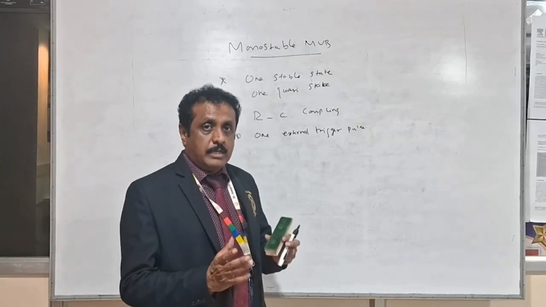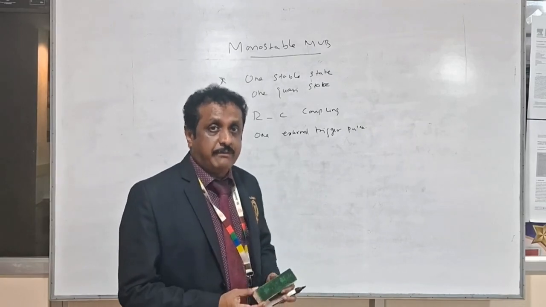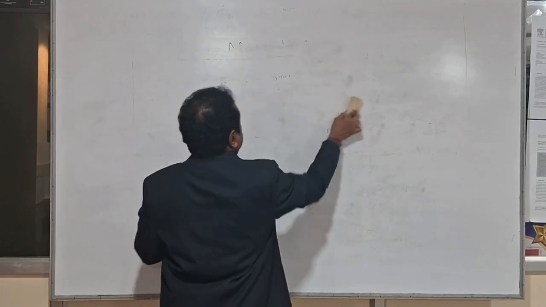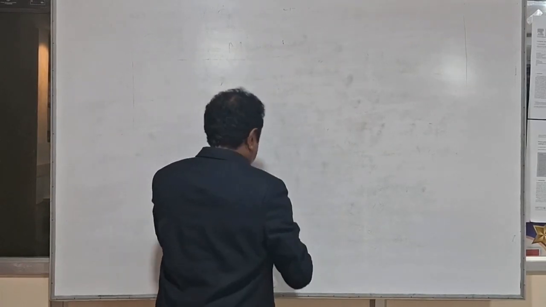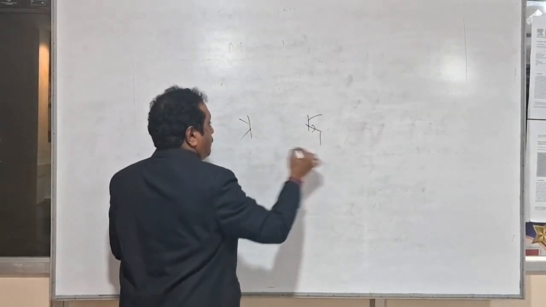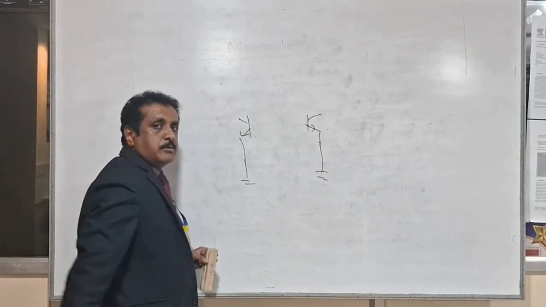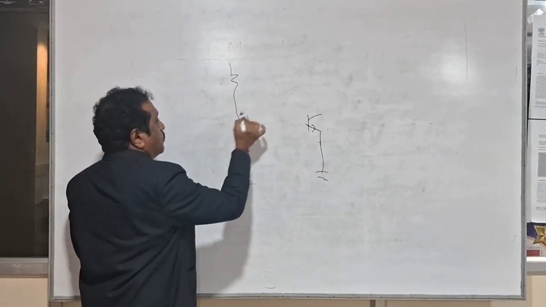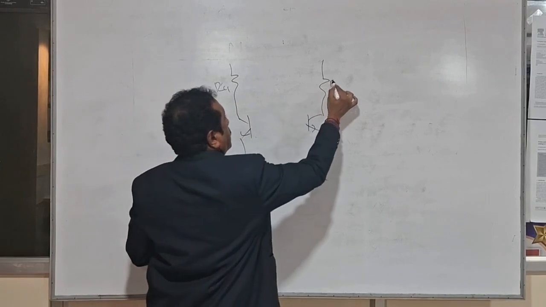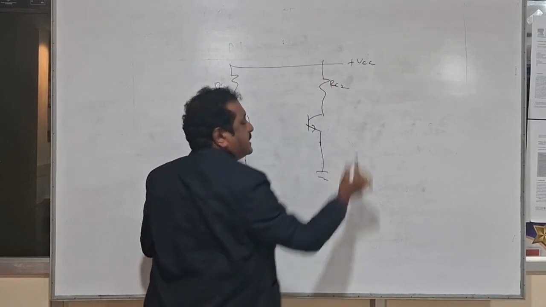Let's see how the monostable multivibrator is going to generate the waveform. Actually, the multivibrator is a cross-coupled switching amplifier. Here also we have two transistors, Q1 and Q2, with collector resistors RC1 and RC2 connected to the supply VCC.